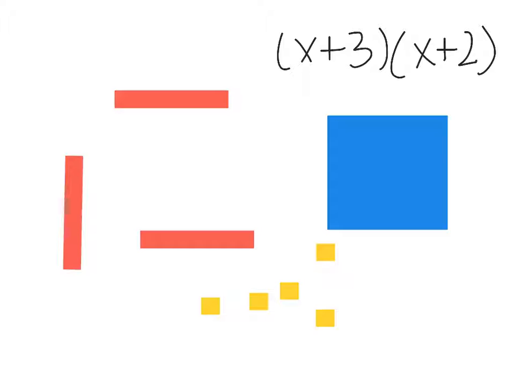And one strong connection is when we're doing algebra and polynomials and things like x plus 3 times x plus 2. And you probably remember, or have tried to forget, that we do the FOIL on that, where you would do the first, the outside, inside, and then the last.